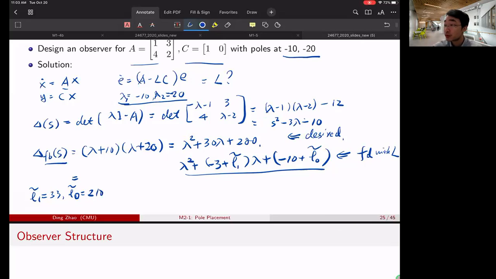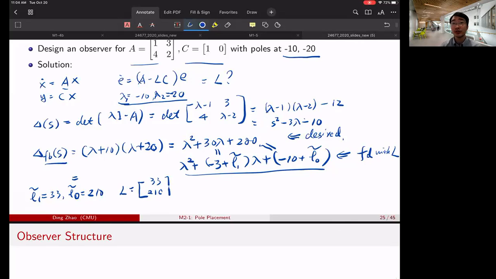You make this equal to this and this equal to this one, so they have L0 tilde and L1 tilde. Okay, so our L tilde equals 33 and 210.